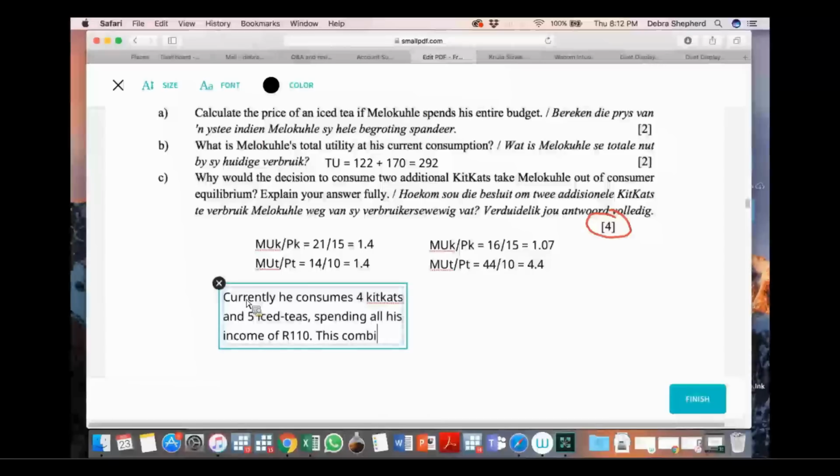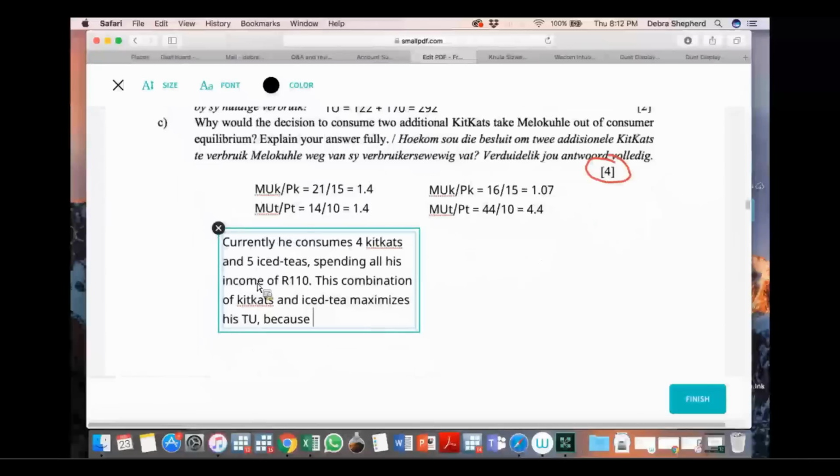This combination of Kit Kats and iced tea maximizes his total utility because the marginal utility per rands are equal. And then you show that. So you prove that.